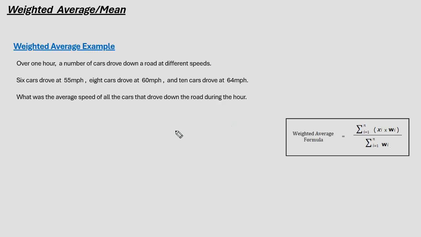Like with the test scores example, we have 3 different quantities, so n again equals 3. Now again, x will represent the quantity that we're working out a weighted average for, and in our case it's the average speed.